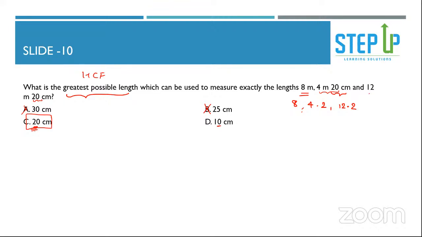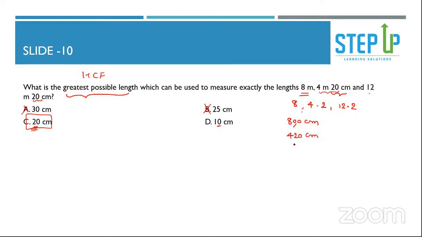Don't go with the simple calculation. Like if I want to look at it, I'll take it as 8 meter. Converting into centimeter will be what? 100 centimeter is equal to 1 meter. So 800 centimeter. This will be 420 centimeter.